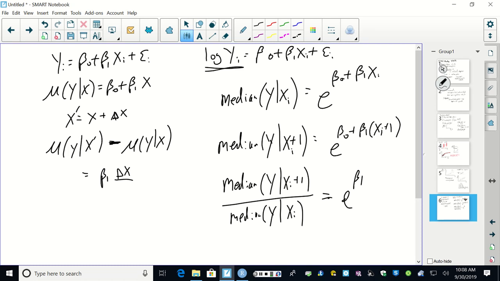So a one unit change in x gets reflected in the parameter. It's a change of beta 1 on the log scale, but on the original scale, if you're thinking about the center of the distributions, it gets multiplied by e to the beta 1. So often the coefficients that you get estimated, you'll exponentiate them and think about them in terms of a change. It's really about the change in the medians rather than the means that makes the most sense.